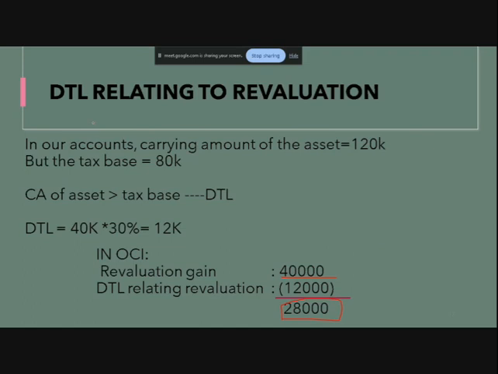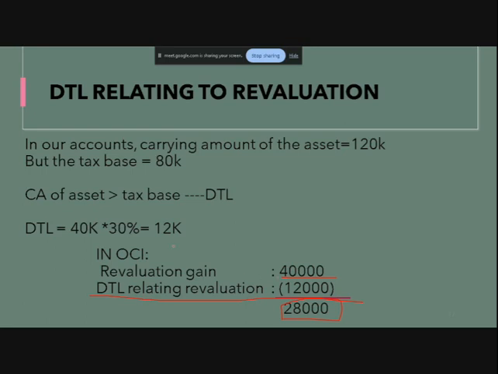So when you are doing section C questions, if you get any adjustments for this, you should never forget to take this detail relating to revaluation to OCI. Sometimes you will find the revaluation gain, and you will know there is some kind of difference here. You might find that 12,000, but then you will forget to take it to OCI and lose the marks for that.